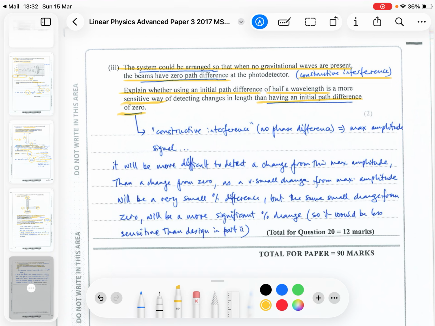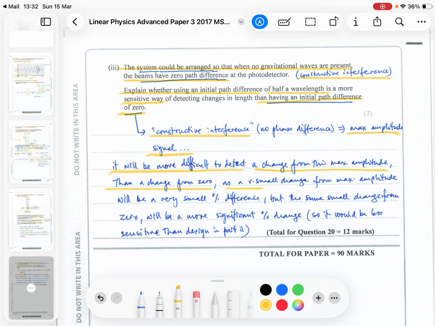So the constructive interference, no phase difference, means that you'll have a maximum amplitude signal as your default setting. It will be more difficult to detect a slight change in the intensity of this light from this maximum amplitude than it would be to detect a change from 0.